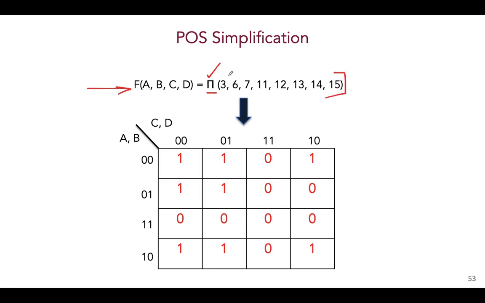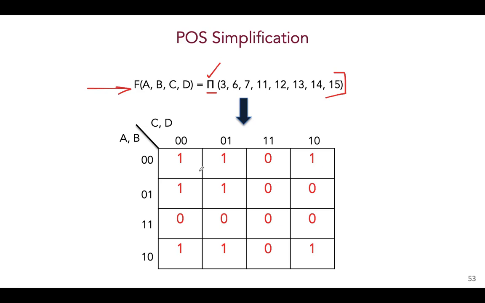That means cells with these numbers are going to contain zeros, and then you're going to group those zeros. So just forget about the ones now, all right? So again, we draw a 4-variable K-map. You know already how to draw this. For all the cells whose number is written here, you have to enter a 0, right? And for all the other cells, just put a 1 there.